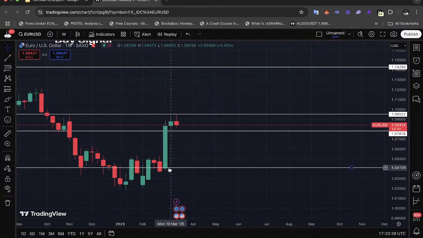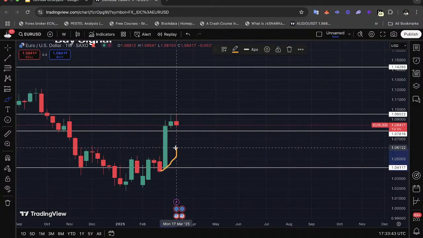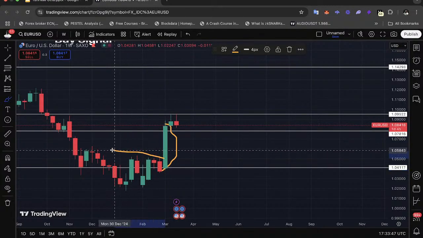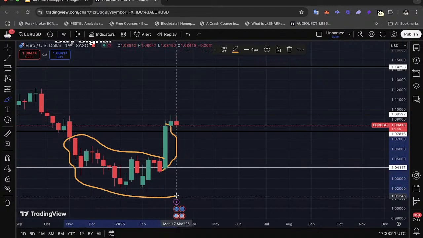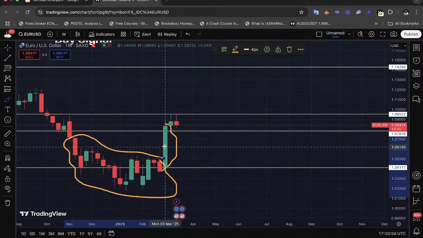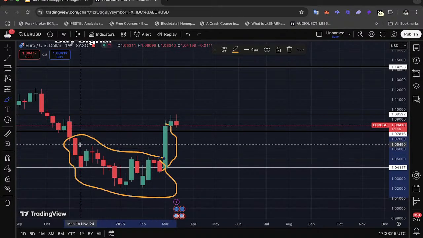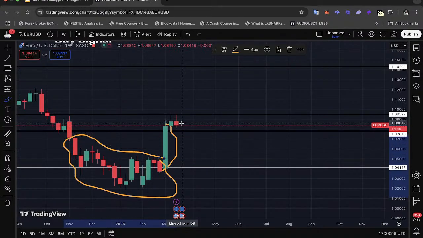But this fully bodied candle came up and closed far above every other candle. It shows great momentum in price.